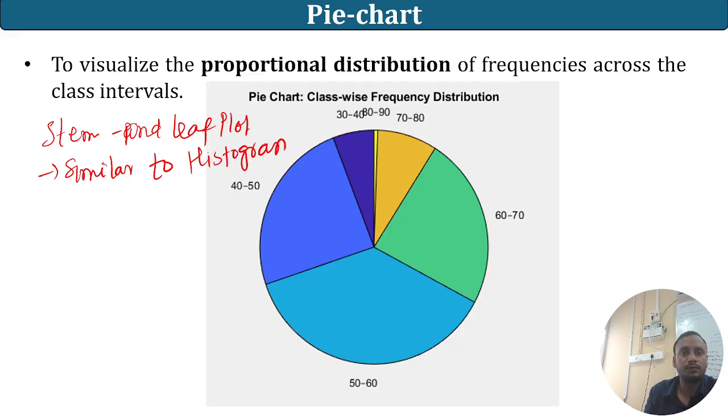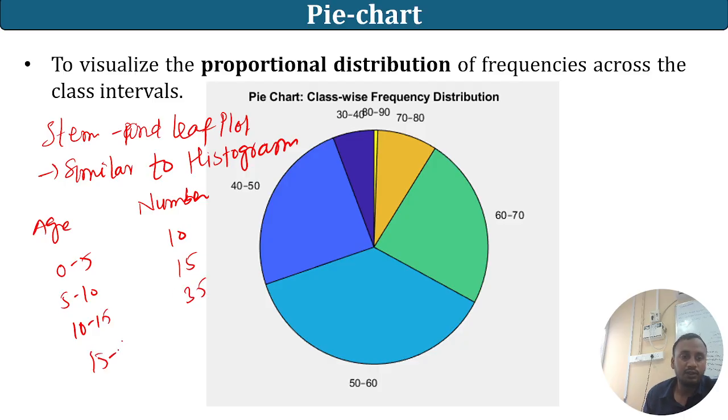Last time we saw the example of the age group and the numbers. For 0 to 5, we had some 10 numbers. 5 to 10, we had some 15. 10 to 15, we had somewhere around 35. And 15 to 20, we had around 25.